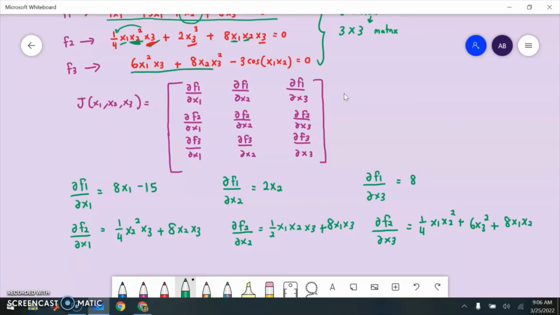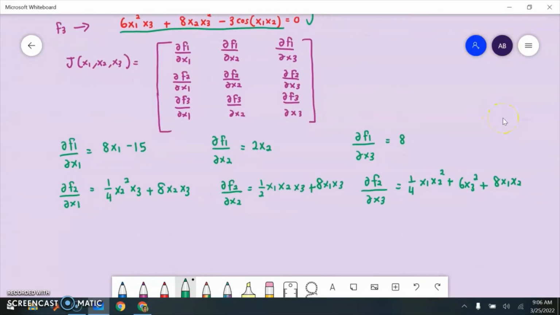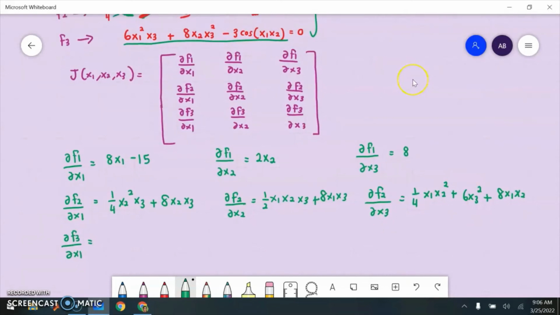Now we have to do the third function. First, the third function with respect to x1. Where is my x1? I have two parts here, one here and the next one here. So we have 6 times 2, that will be 12 x1 x3. The other variable, if you are not taking the derivative, remains as a constant.